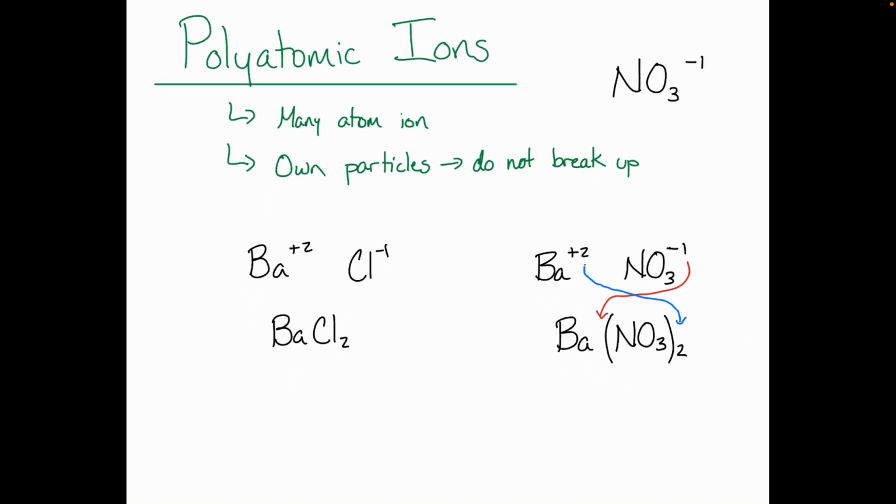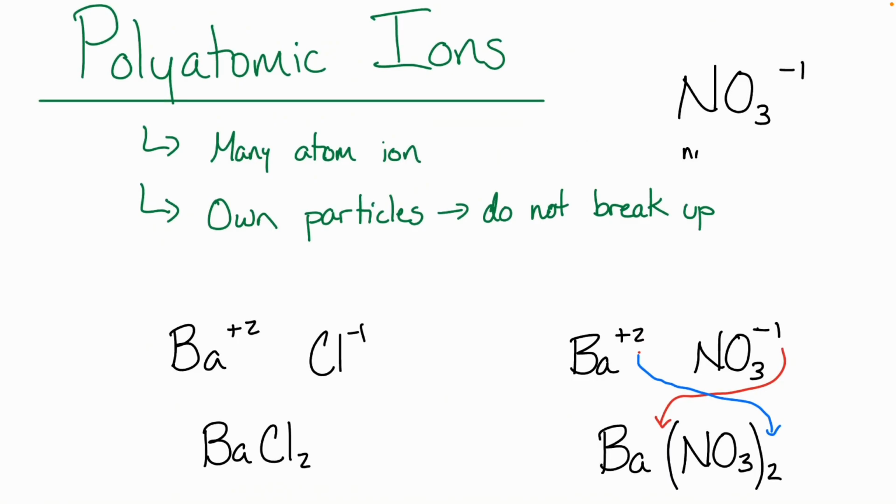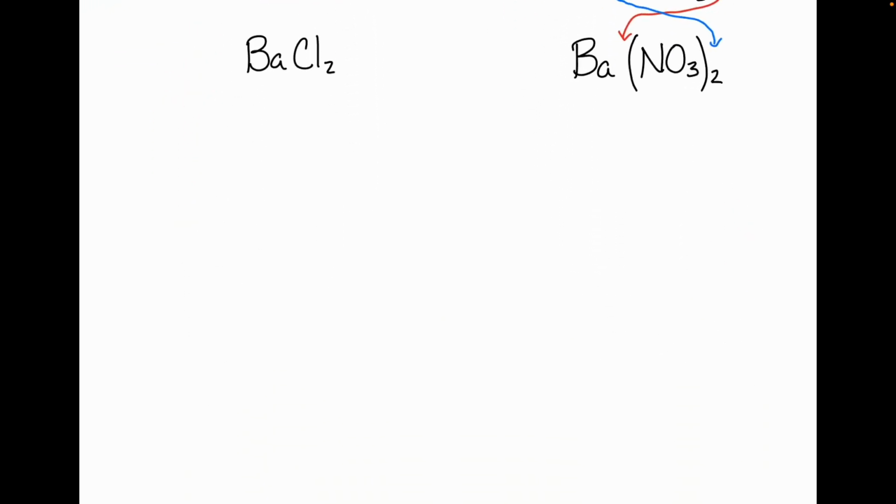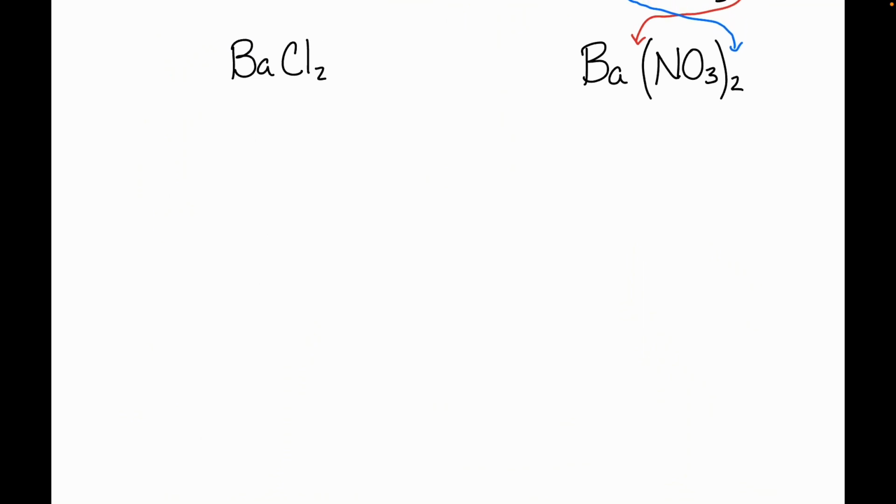All right, so again, we said that this was nitrate. There's going to be 4 of these that we need to know, 4 of these that you're going to have to memorize for our exam here. So let's make our master cheat sheet, and then we'll play with putting them together. So first, NO3 with a -1 charge. This is what we call nitrate.